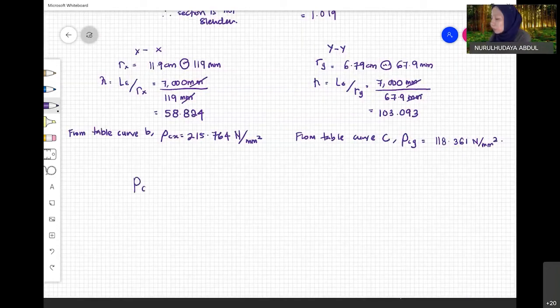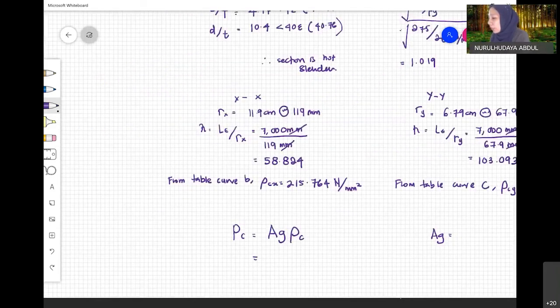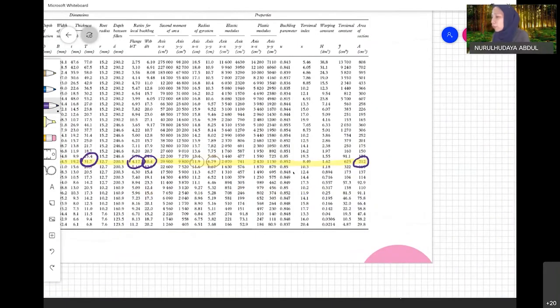Compressive resistance equals AG multiplied by PC. So area multiplied by compressive strength. Let's look at the AG for this section; we can look at the area of the section, 212.